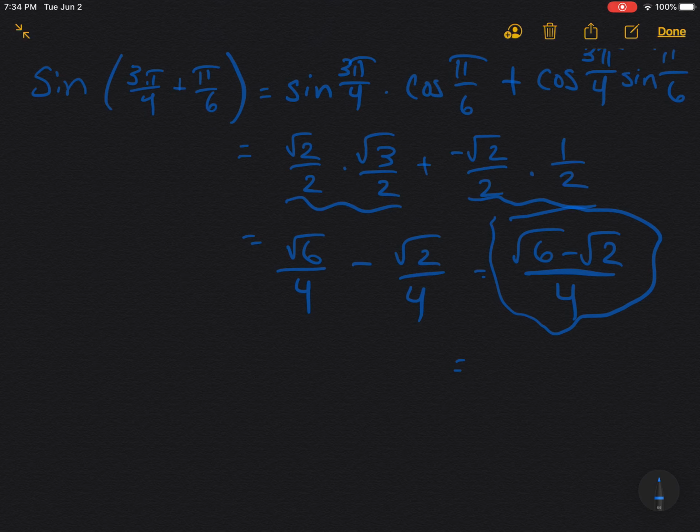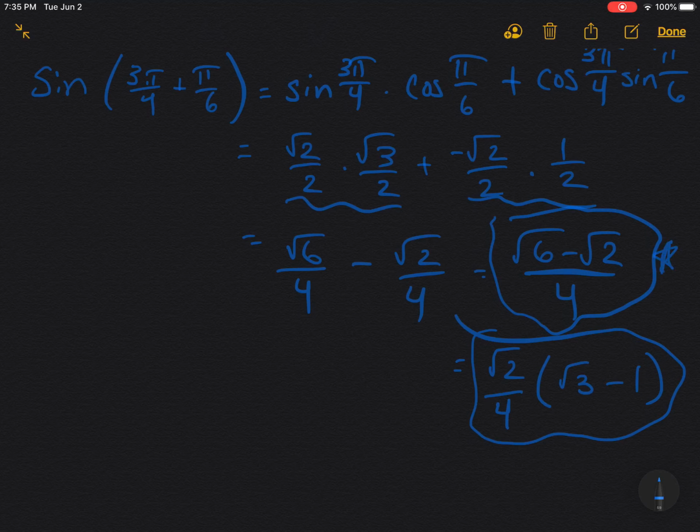I can factor out a square root of 2 over 4. If I factor that out, what would be left would be square root of 3 minus 1. So this is how you're going to see the book writes it in factored form. But if you left your answer like this, you would be fine.